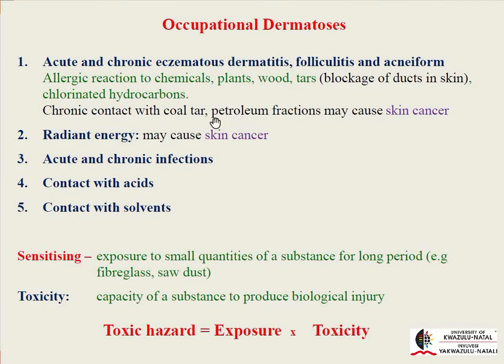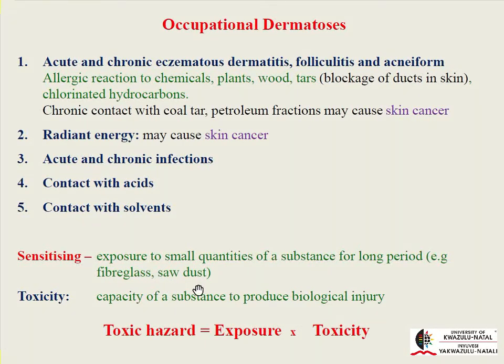Coal tar and petroleum fractions can, in the extreme case, cause skin cancer. There are also various other initiators of dermatosis, such as radiant energy, contact with acids and solvents, and various sensitizers as well, such as fiberglass or even something as simple as sawdust.